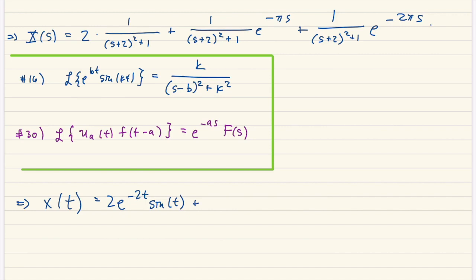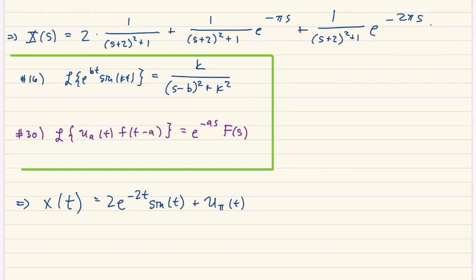For the second and the third fractions, we're going to have to use rule number 13 together with rule number 16. And so if we have e to the negative pi s, that means that our a is pi. So that automatically tells us we're going to have u sub pi of t.